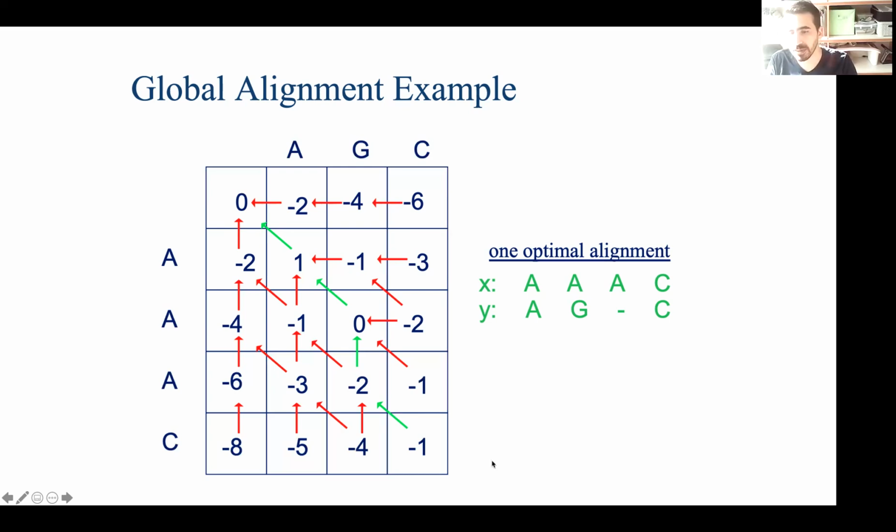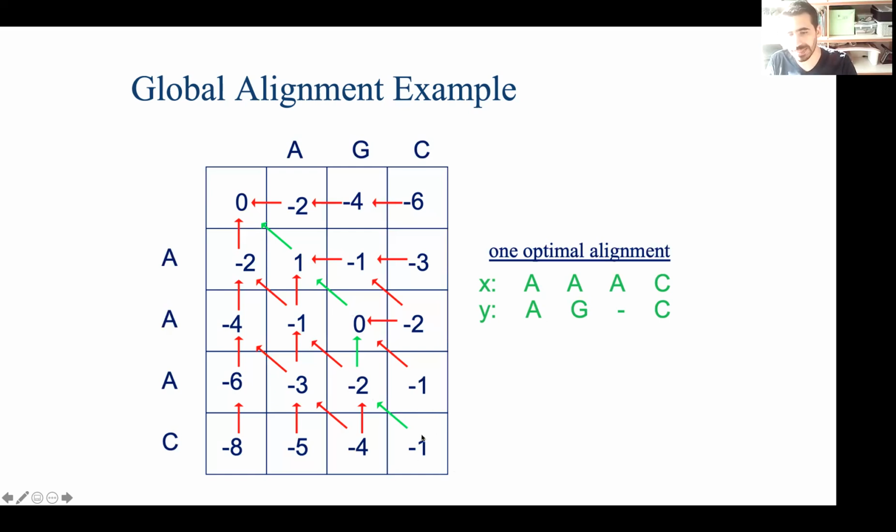And after you do that, what you do is basically to find the best alignment, because you will remember where you come from. Okay, you come from 0 to 1. And then you will know that you come from this cell to that cell. And then you will say that, okay, I chose the maximum value and I came from this cell to that cell and this cell to this cell. So at the end of the day, what you have is a route here, which is represented in green arrows. So what does it mean?